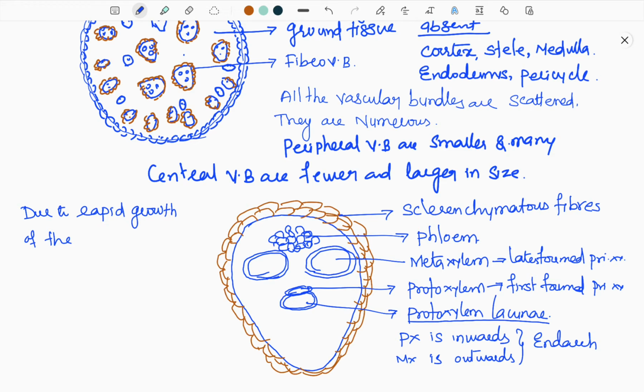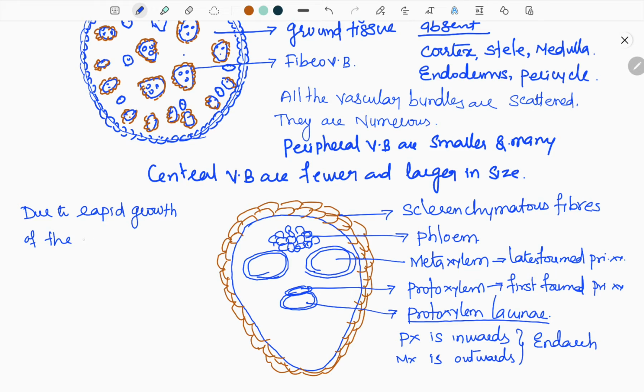When growth is very rapid, they require much water for their metabolism, for their growth and development. In such cases, that much water is passed very forcibly through the protoxylem vessels. That forcibly passing water will rupture the walls of the protoxylem. As a result, protoxylem walls are ruptured and protoxylem lacunae, meaning a cavity, is formed.